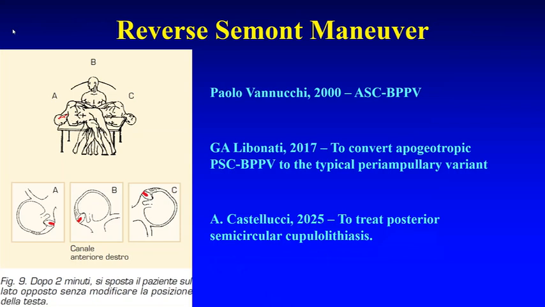In the year 2017, Giacinto Libonati used it to convert the apogeotropic posterior semicircular canal BPPV into the typical periampullary variant with the geotropic torsion. This was the intracanal migration from the non-ampullary arm to the periampullary location.